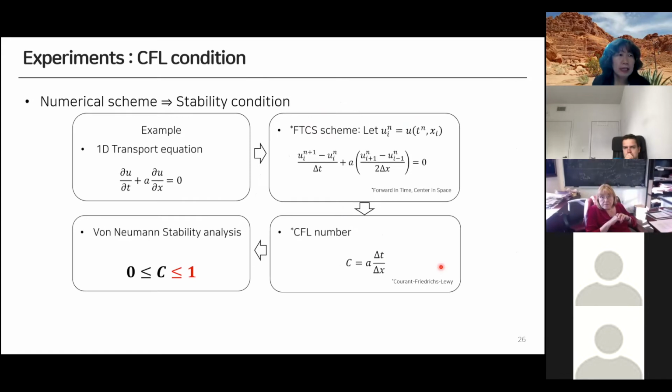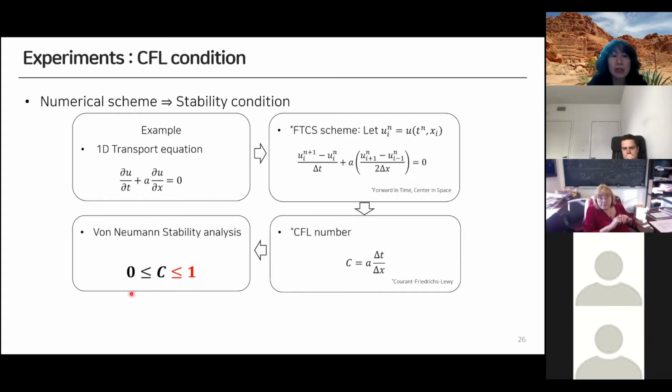Okay, good. And as the last experiment, there is a stability condition called CFL, the condition for the finite numerical scheme in the classical approach. We looked at the 1D transport equation experiment, and as you can see here, C is defined like this, and C should be between 0 and 1 to guarantee the numerical scheme is stable.